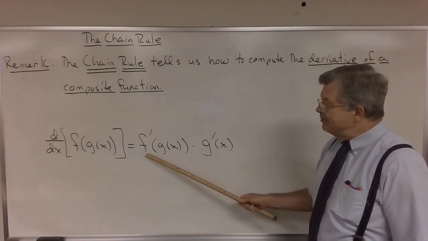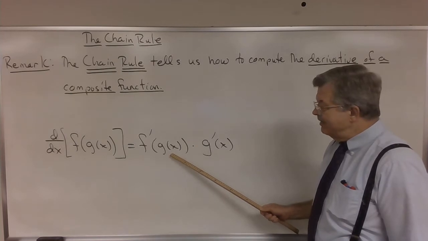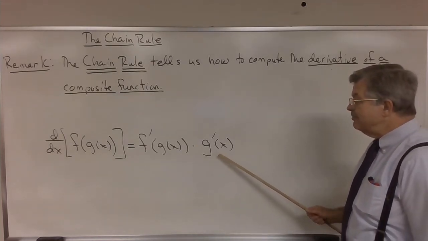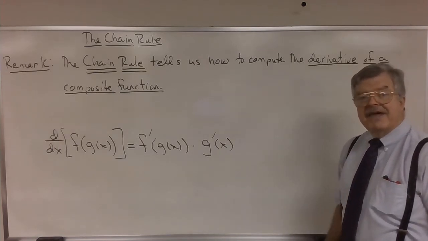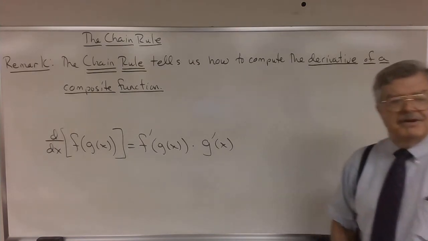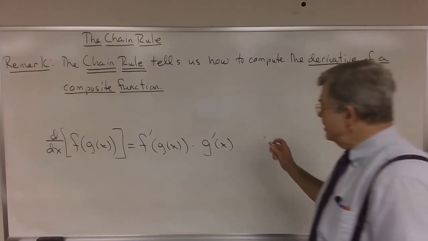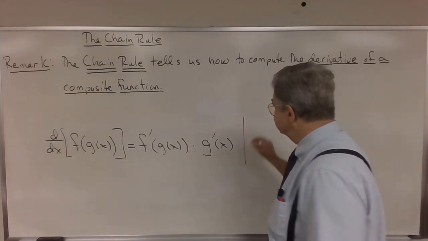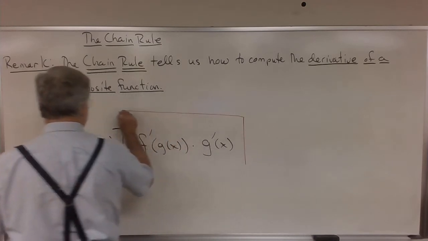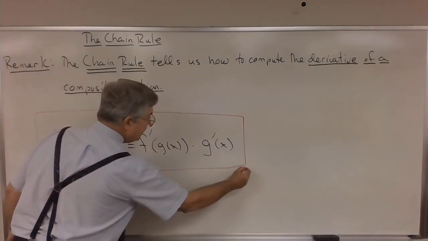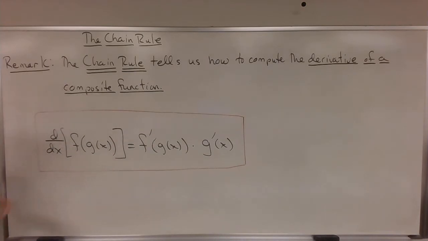It's f prime evaluated at g of x times g prime of x. That's what the derivative of a composite function looks like. And I think I'm going to put this in a big box. This is the chain rule.